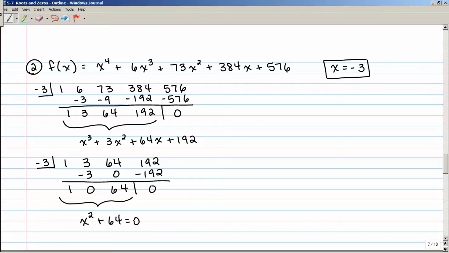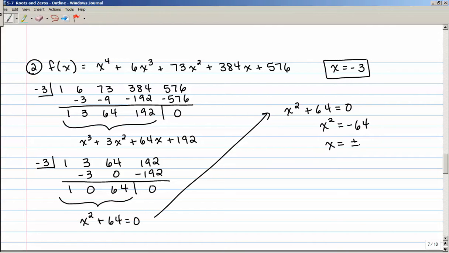So let me move that up here just to get it out of the way a little bit. Solving that, x squared plus 64 equals 0. x squared equals -64. Taking the square root of both sides, x equals plus or minus the square root of -64, or that's going to be x equals plus or minus 8i.